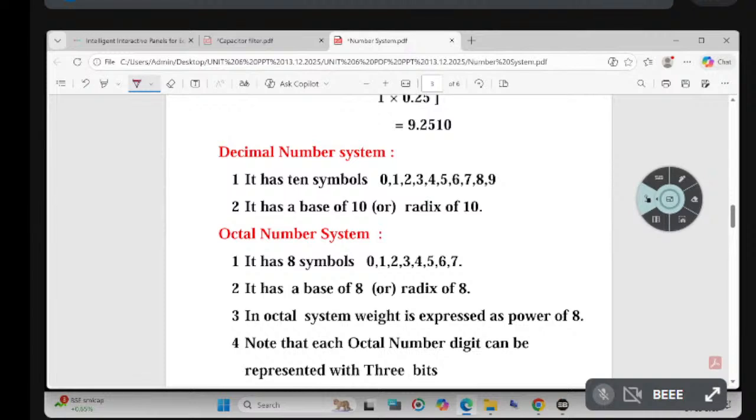This is an important point. The base is 8.